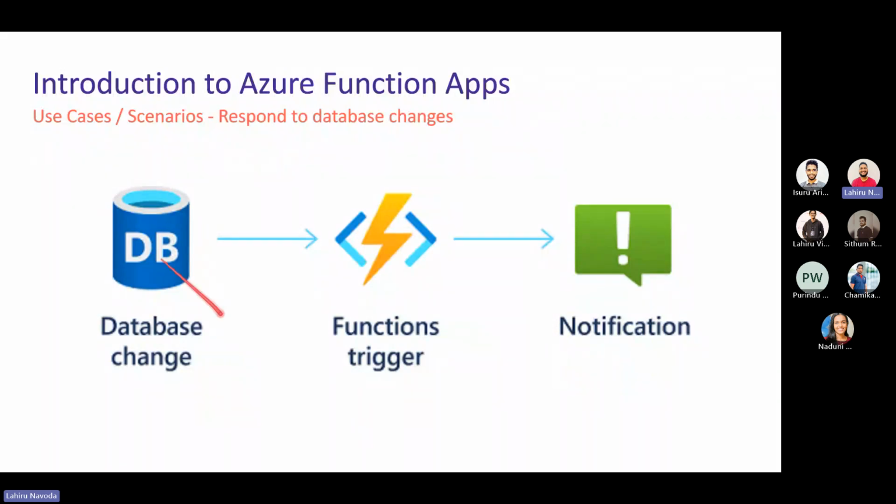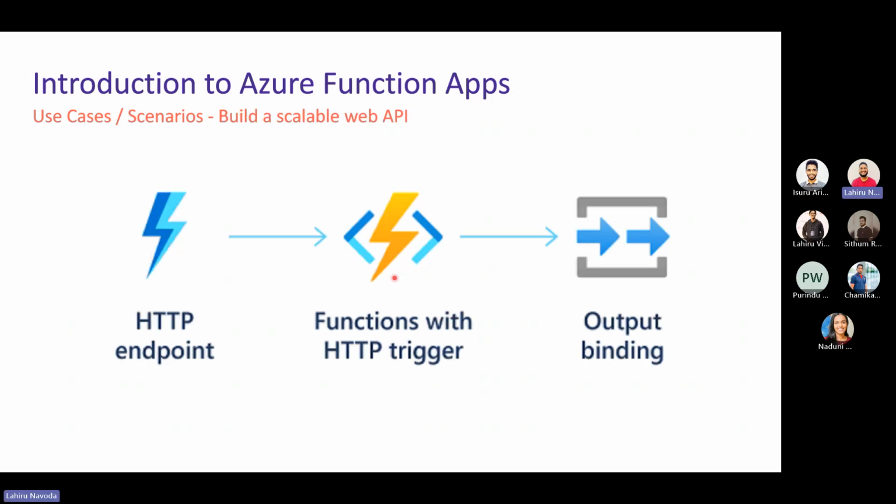So based on this database change, we process this change, and maybe we can send out notifications to the administrators of this application saying that this change is done to the database. Likewise, you can process this data. All right, so these are some of the use cases where you can use Azure Function Apps in your systems.